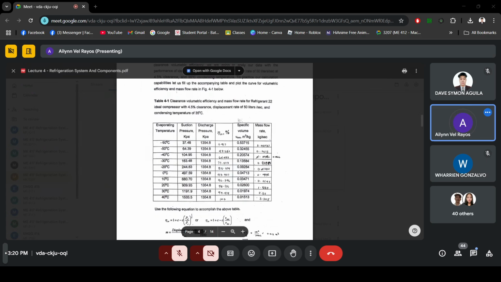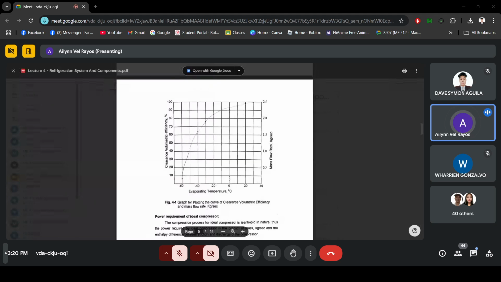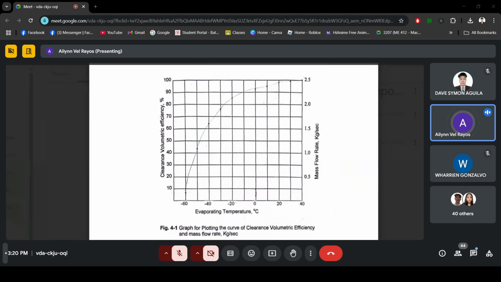You can compute them too, and then we will see the relationship between the evaporating temperature and the clearance volumetric efficiency with its mass flow rate. So, clearance volumetric efficiency, percent. If the compressor is already in use, then they can check the performance of the compressor.